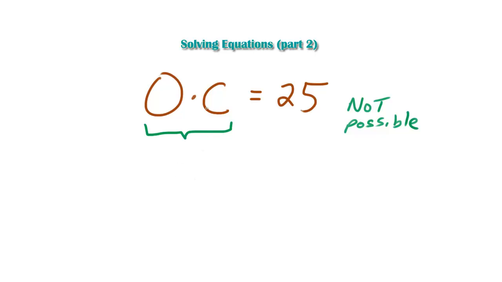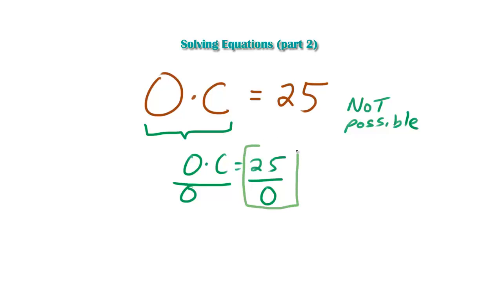Another way to look at it is, well, let's say we divide both sides by 0. Let's see what happens, right? So we do that, 0 times c, we just write it over again. Now we're going to divide both sides by 0, right? Look at what's happening on the right hand side here, right? We have this fraction, right? 25/0, right? Think about it. It's a division. Right?